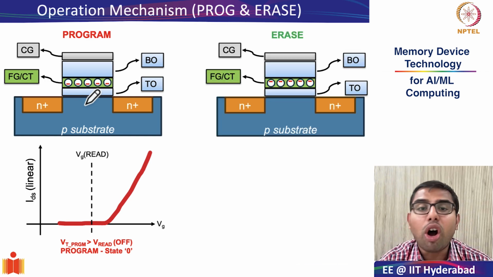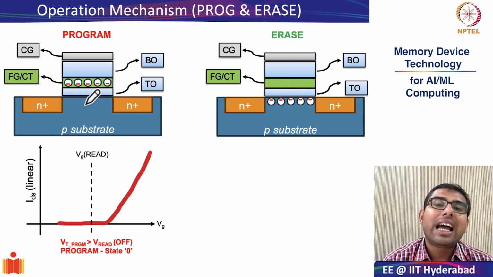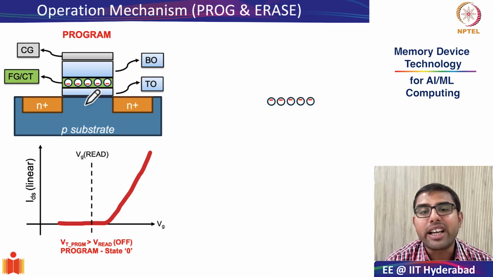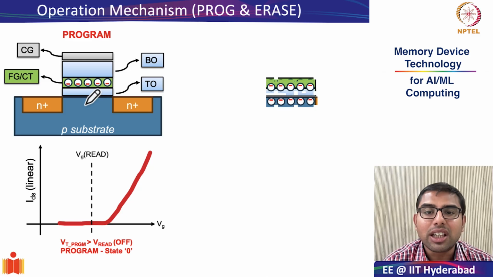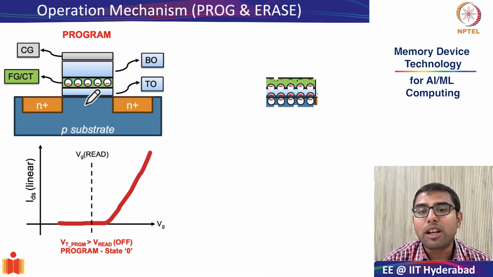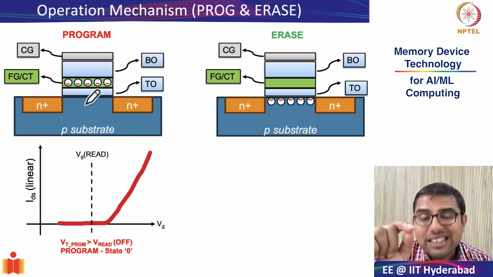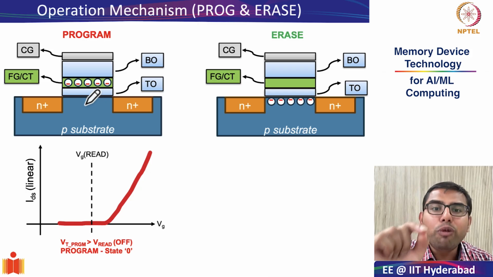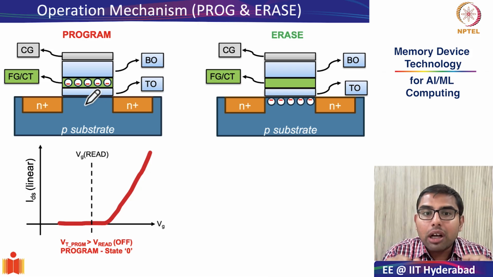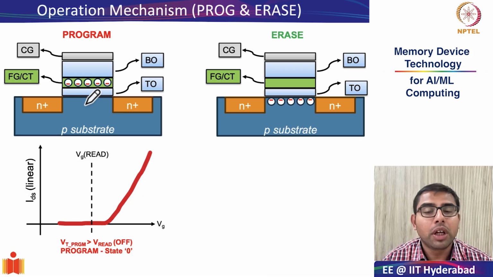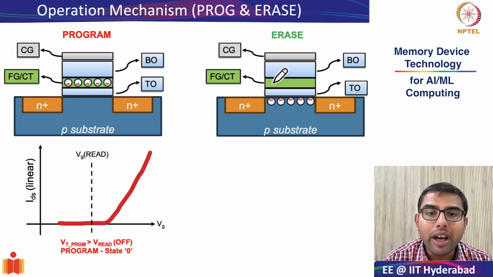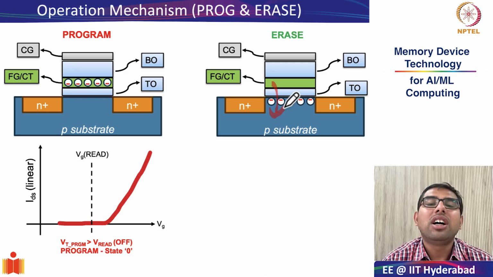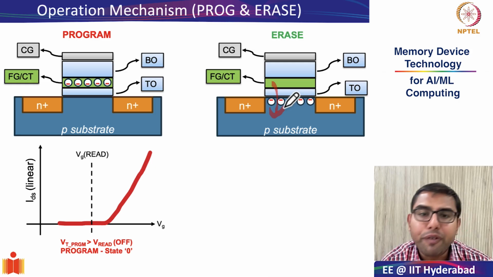Whereas the second operation is exactly the opposite, and this is what the animation is telling us. In the second operation, which is the erase operation, negatively charged electrons are pushed out of the charge storage layer into the channel region, and they become free carriers.